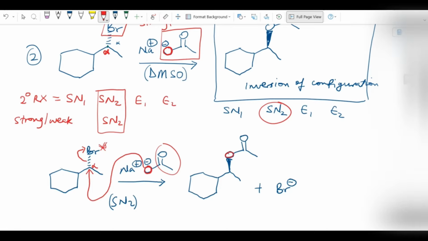Since our leaving group is an anion, the cation will be attracted to the anion. So this will be a byproduct. Because we're drawing a mechanism, we have to account for everything, all the charges as well as the byproduct. So let's go to the next question.